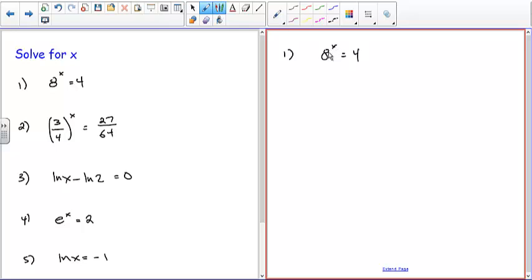Or if you took the half power, you'd have the square root of 8, which would be 2 point something, approximately 2.7. So if you took 8 to the 1/2 power, you'd have less than 4. So we know it's more than a half and less than 1.